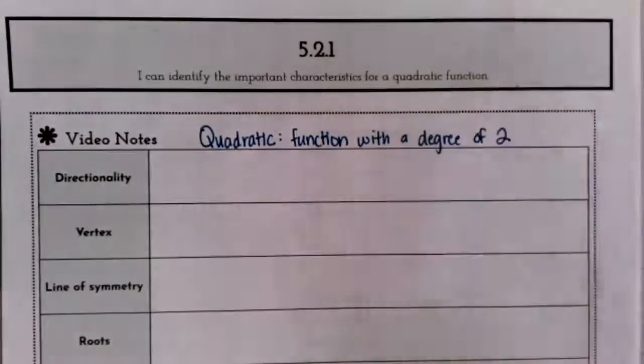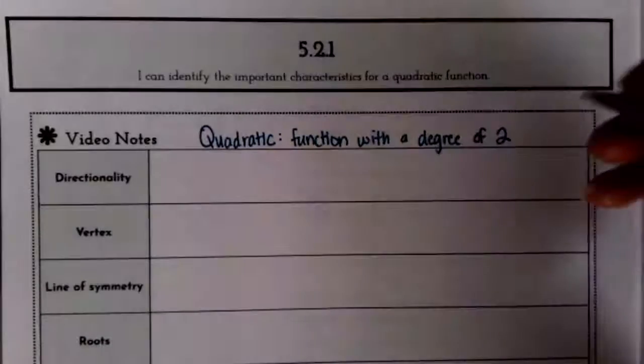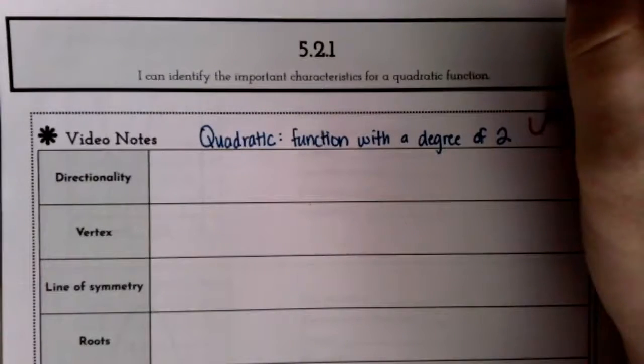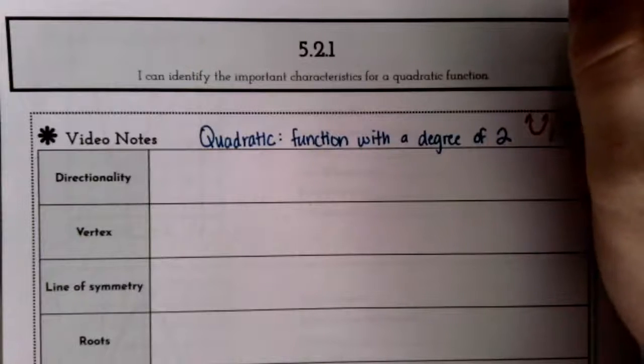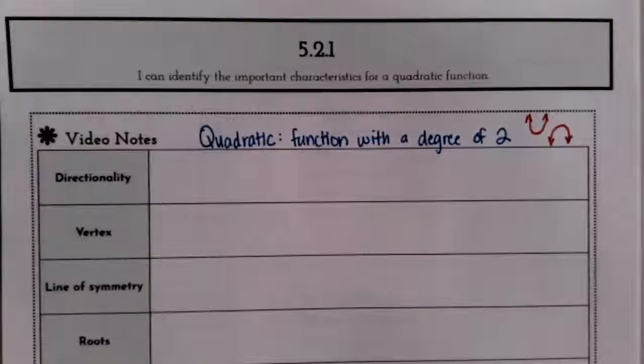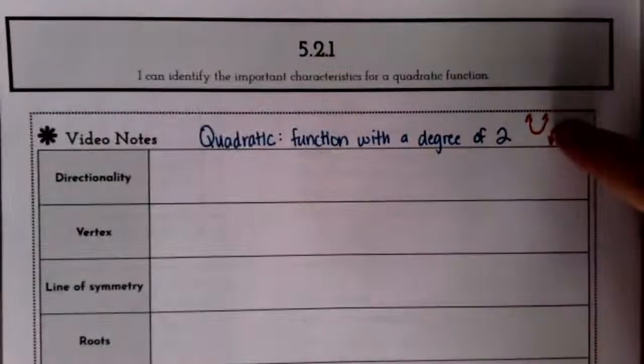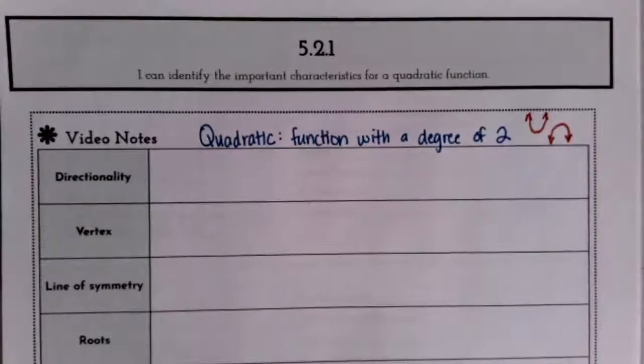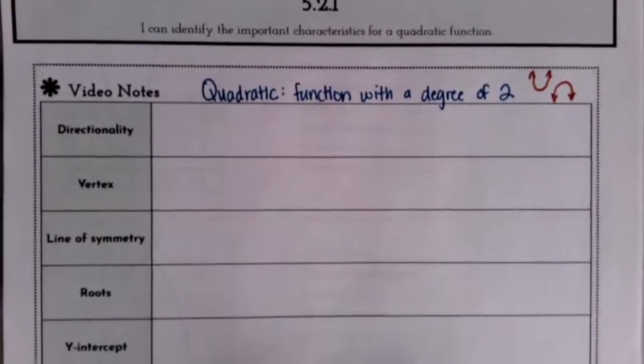And we really only have two choices for what it looks like. It can look like a U shape or an upside down U shape. Those are quadratics. This shape is also called a parabola. So if you hear it described as a parabola, that's what that is.